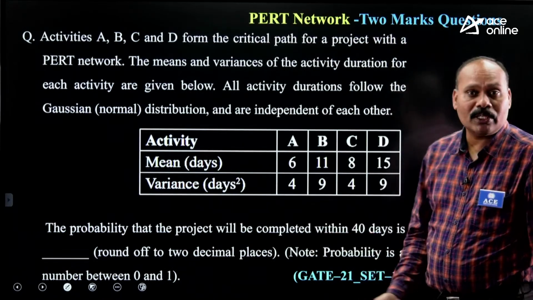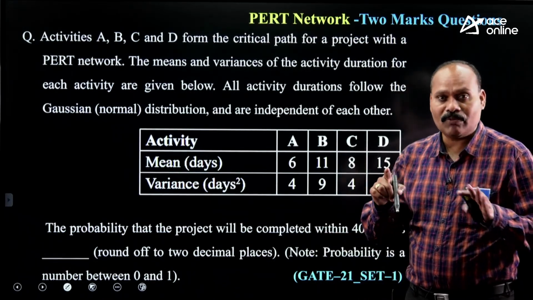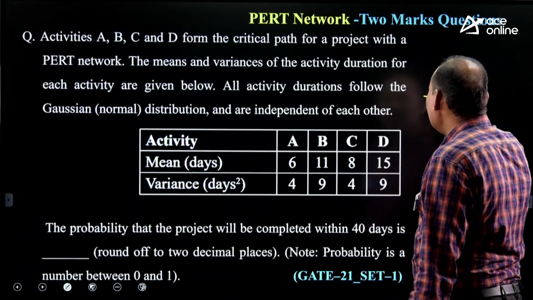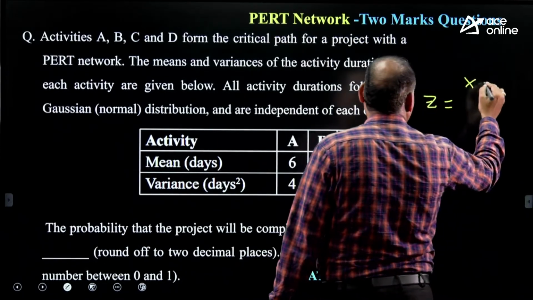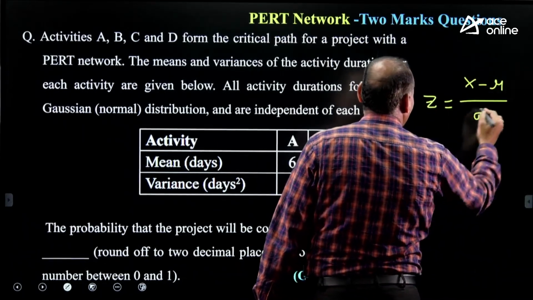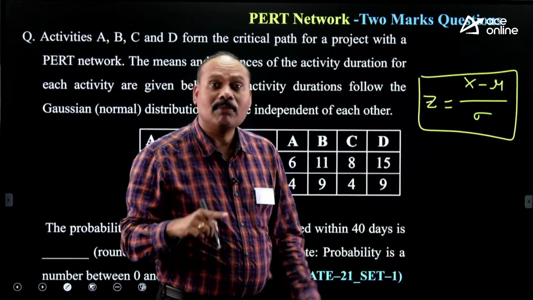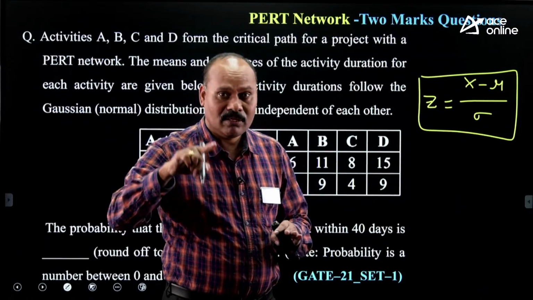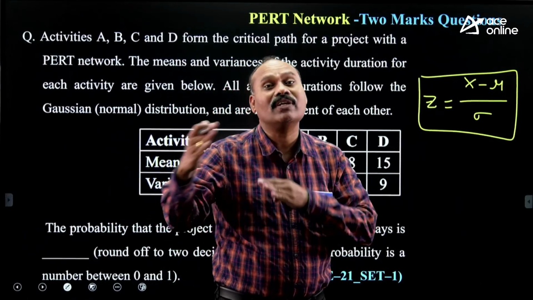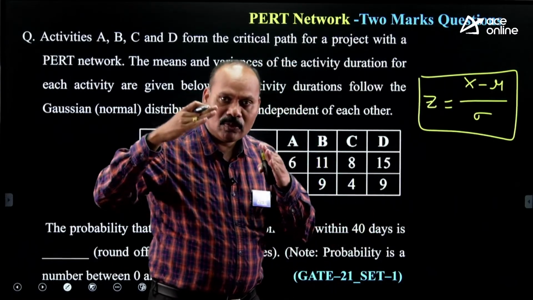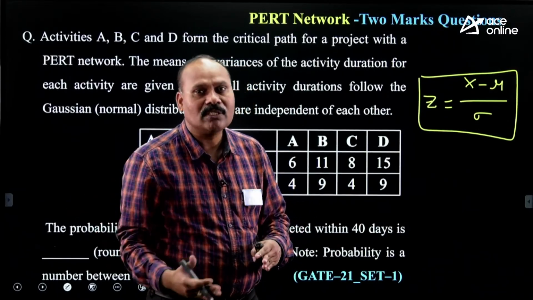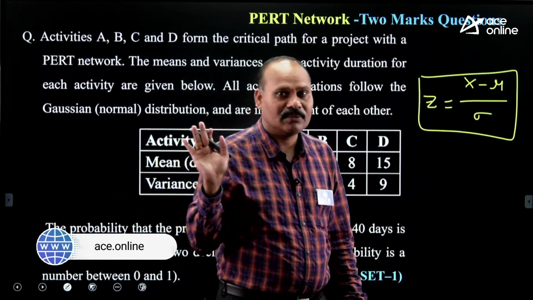Next, a probability question. When you are finding probability, what is the formula we will use? Z is equal to x minus mu divided by sigma. If Z is equal to 0, or as I told you in the beginning, the critical path duration is the reference. So if the given due date is equal to the critical path duration, what is the probability of completion? 50%.